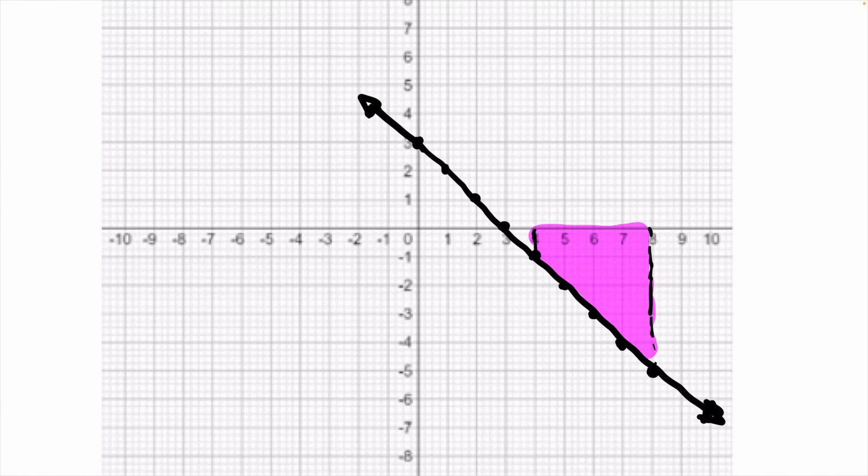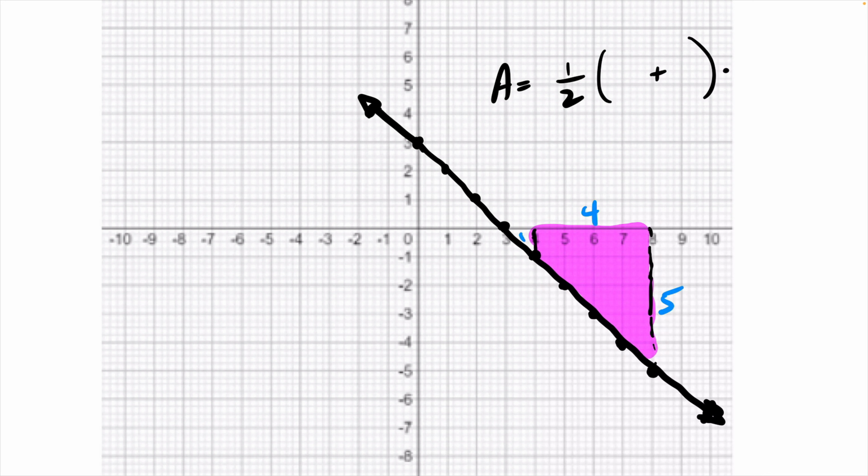So this is, let's see, this is 5, this is 1, this is 4. So area of a trapezoid is 1/2, base 1 plus base 2, times the height.